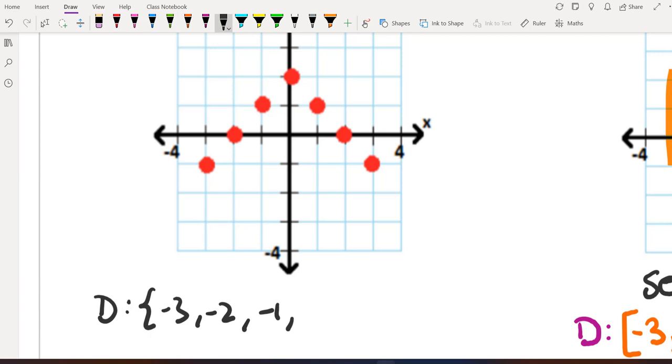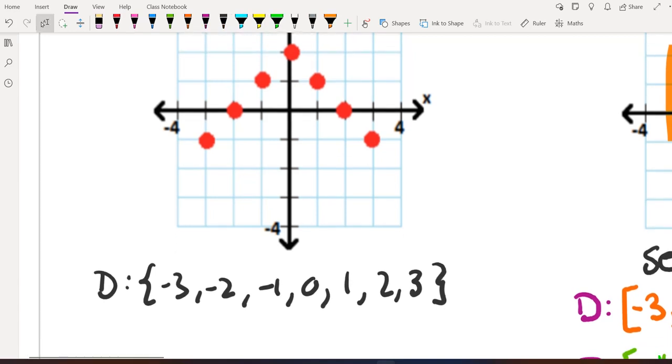Next one over, we are at 0. Next one over, we're at +1. Then we're at +2 and +3. Okay, so these lists can get quite long. I know the domain on this one is very similar to what we did last time, but the range is different. We have a different situation for the range happening here.